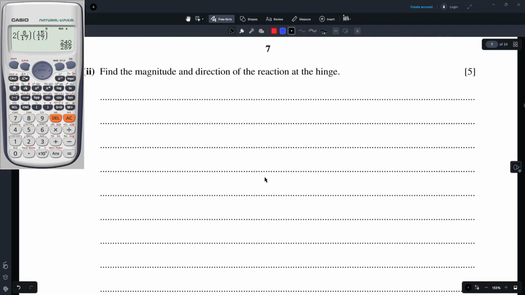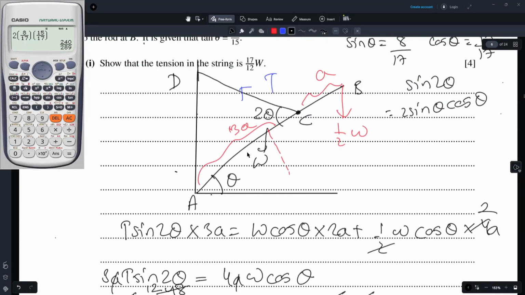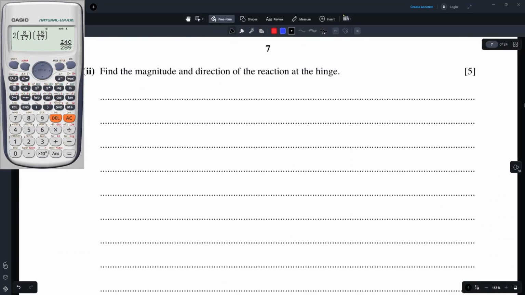Next up, find the magnitude and direction of the reaction at the hinge. Reaction means it's going to be upwards. No. The way the question says reaction at the hinge, I think it's supposed to be the reaction the hinge experiences.